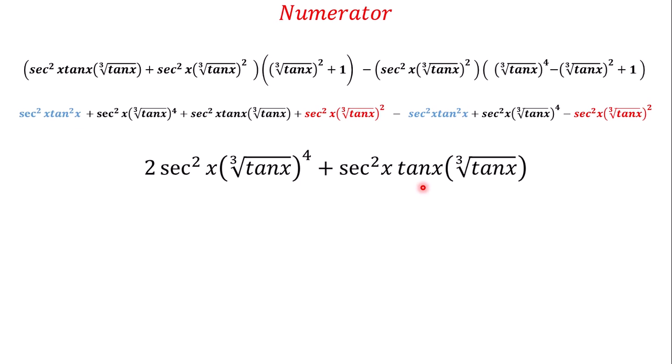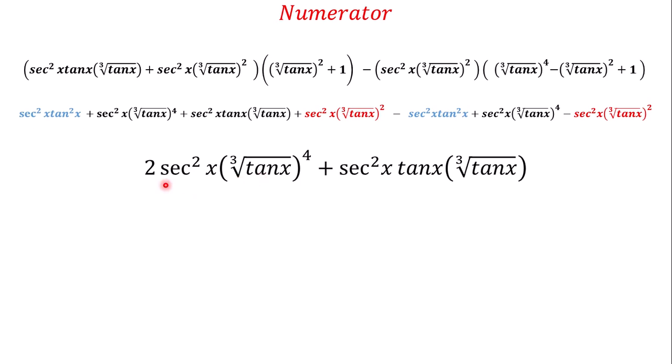Good. So either you treat this one in terms of tangent and add the powers to get it in the form of this, and then add all of them at the end of the day, or you expand this one further to look like this, by writing this one as cube root of tangent x to the power 3 times cube root of what? Tangent x, all multiplied by this.